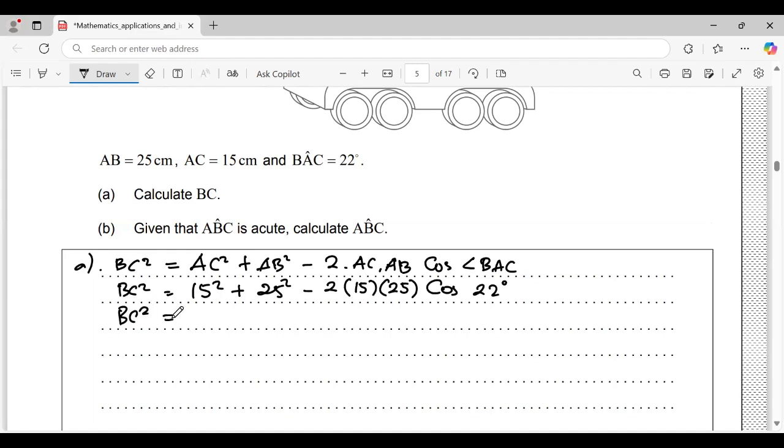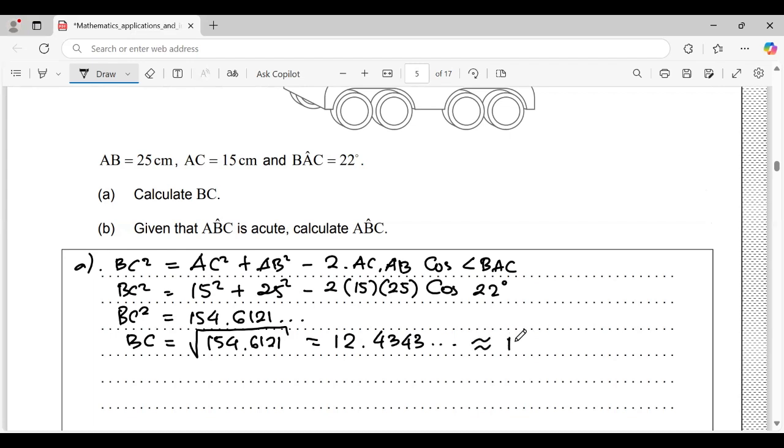BC squared, if you calculate, the result is 154.6121, and BC is the square root of 154.6121, and the result is 12.4343.